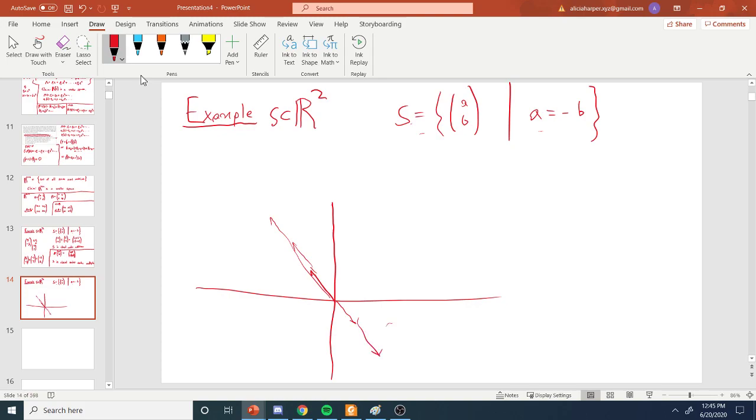Basically vectors that lie on the line y equals -x. In fact, this is precisely the set of vectors on this line. And if you take any two vectors on this line, what we've verified is that once you add them together, you get yet another vector on this blue line. Likewise, if you take any vector on this line and you scalar multiply it, you get yet another vector on this line.